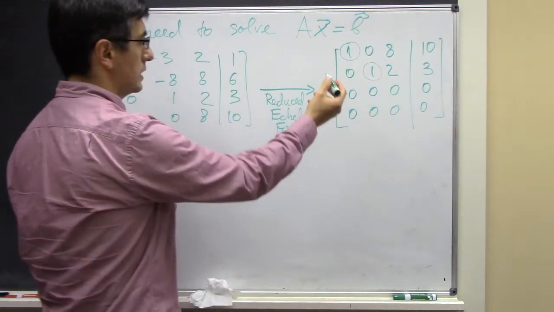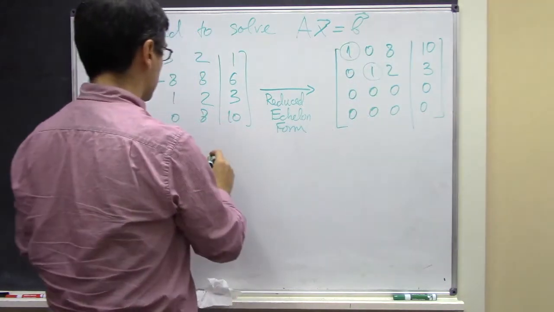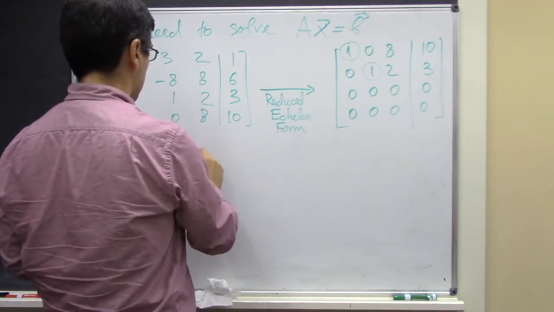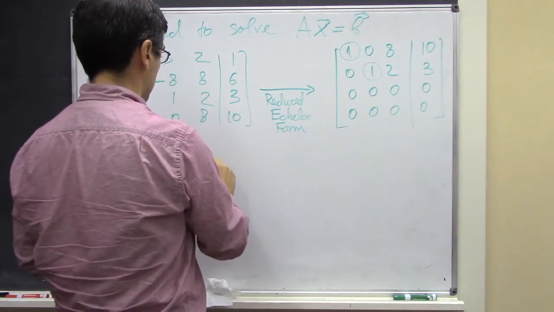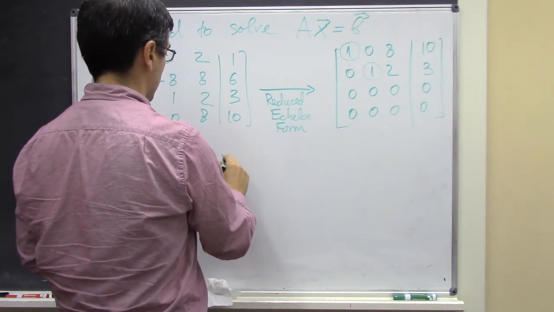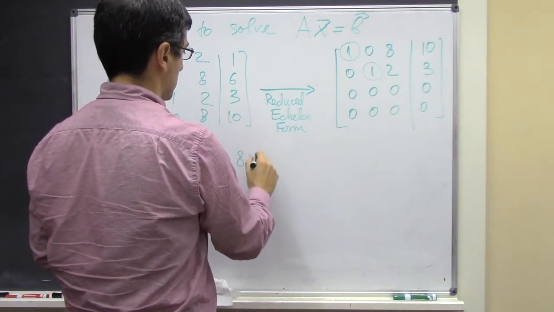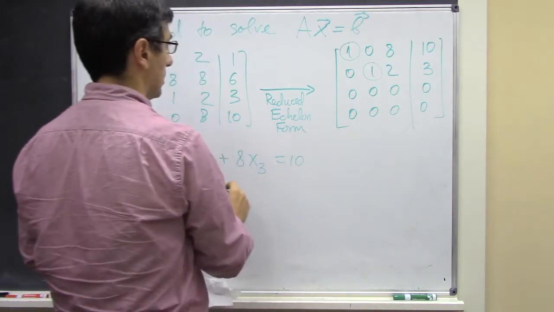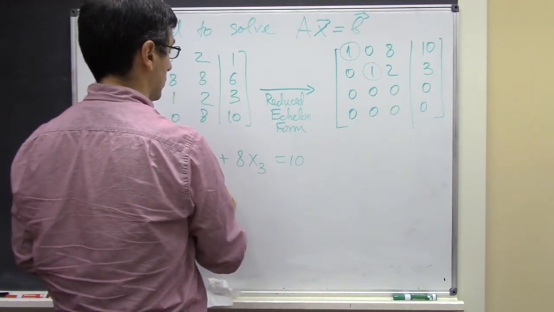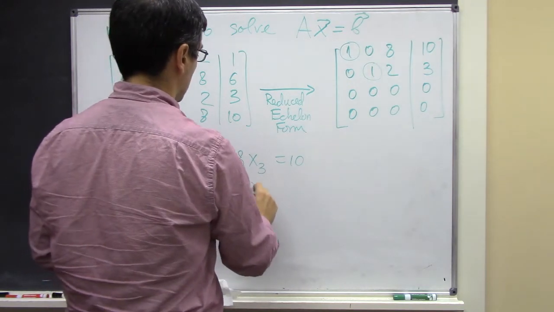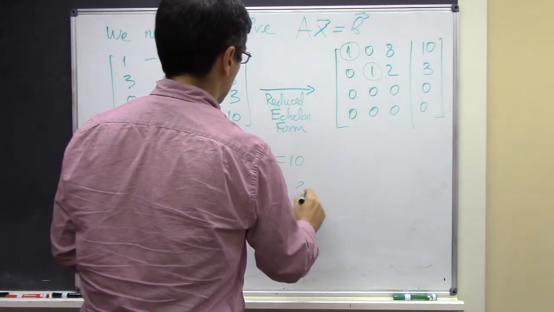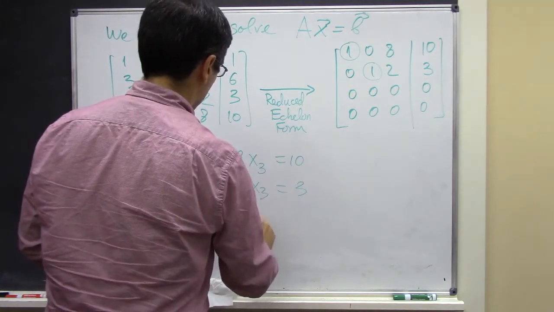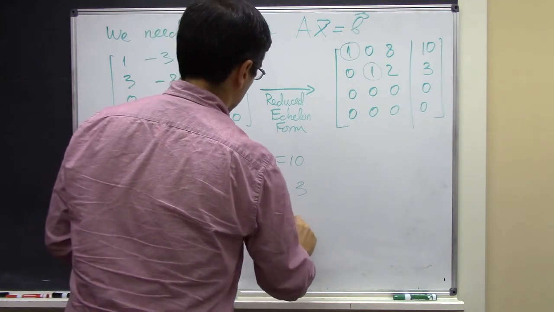To find the solutions, we just have to write the corresponding system for the reduced echelon form. This is x1 plus 8 x3 is 10, and x2 plus 2 x3 is 3, and x3 is a free variable.